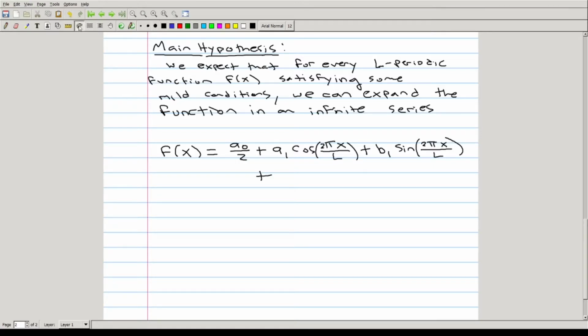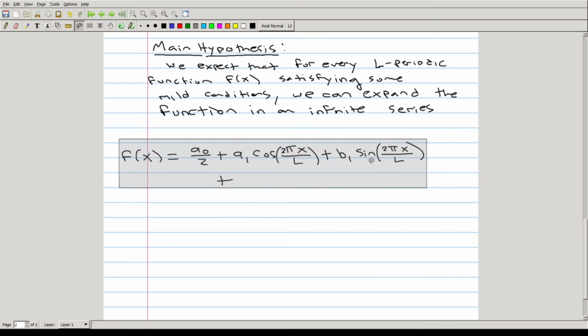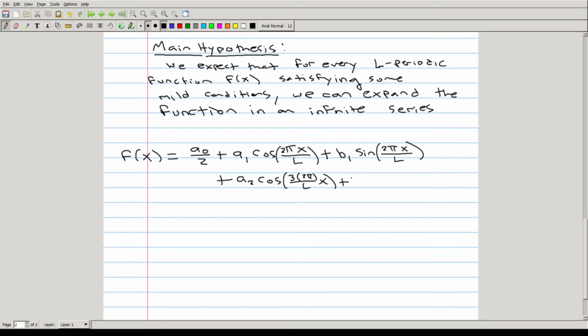plus a2 cosine of 2 times 2 pi over L x plus b2 sine of 2 times 2 pi over L x, so on and so forth.